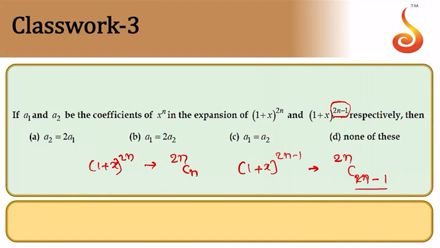Why? Because this is an odd number of terms. When the power is odd, the number of terms will be even. This is an odd number, so the number of terms will be even. 2n minus 1 minus 1 by 2 will give you n minus 1. So if we divide this, A1 is 2n Cn and A2 is 2n C n minus 1.